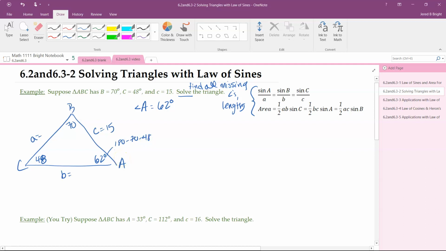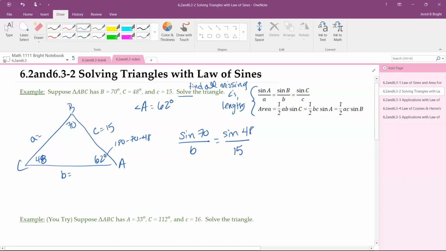Now I need to find the other side lengths, and guess what? We need to use the nice fancy law of sines. So I'm going to do sine of B over side length b is equal to sine of C over side length c. The reason I do this is because I can easily put in B is 70, little b I do not know, sine of angle C is 48, and this is 15.